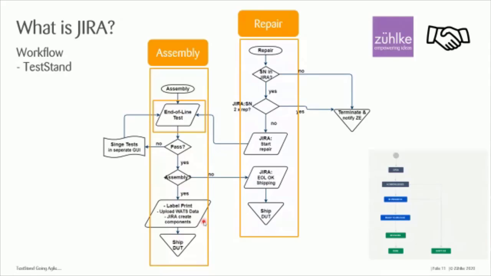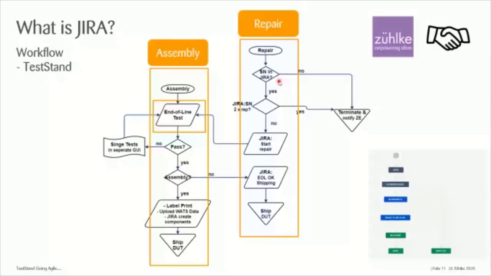And then the second line, the repair process, is more or less a reuse of that end-of-line testing, because whether we repair or assemble the device, each device has to undergo the end-of-line testing to see that it's fully functional before it goes out. So let's say a customer opens a ticket, gets the shipping label to be sent back to the repair center, and then the shipping department of our repair center checks whether there is a ticket with that serial in JIRA.